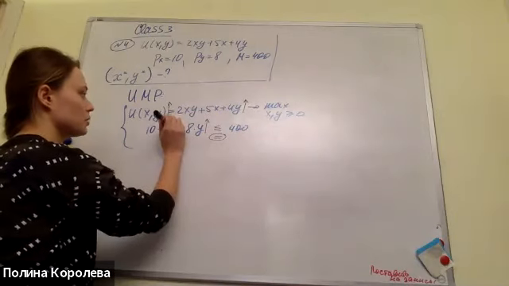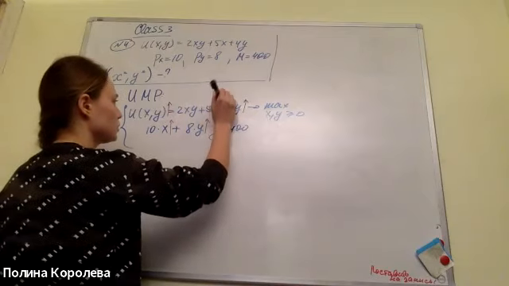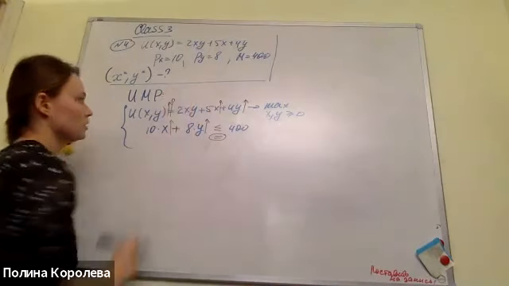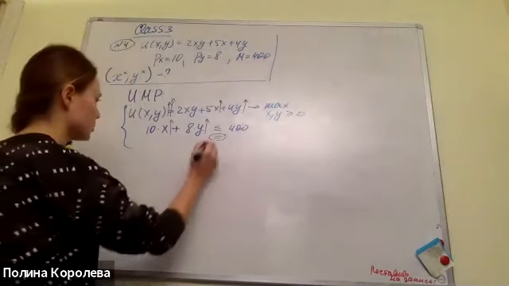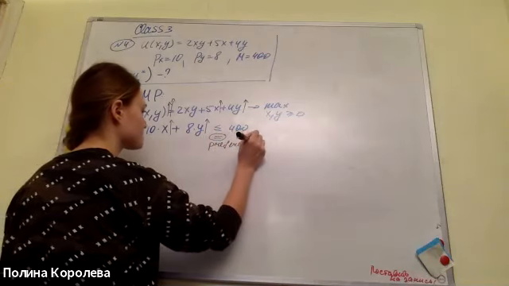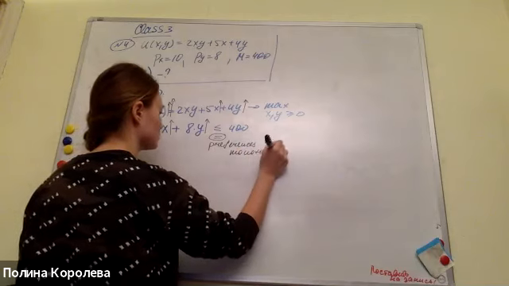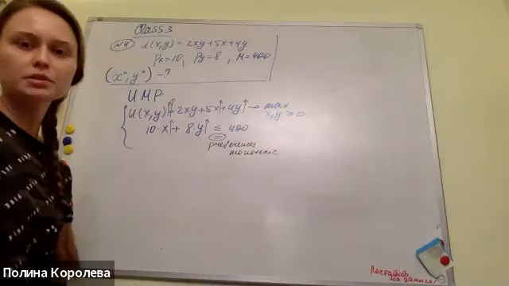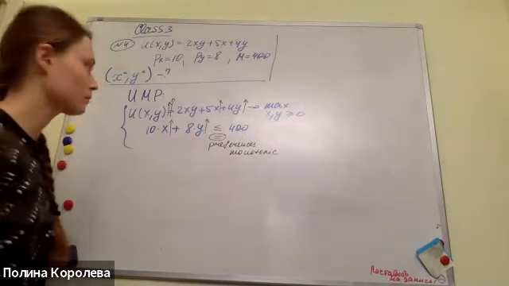Or if we will increase spendings on good X, our utility level will also increase. So Marcus' preferences are monotonic. So Marcus will spend all his monetary income on buying X and Y. Agree?